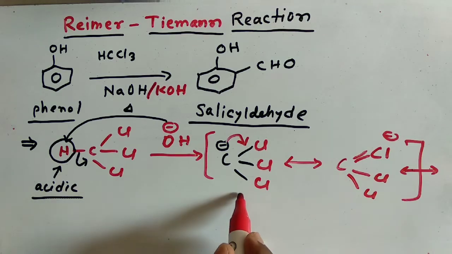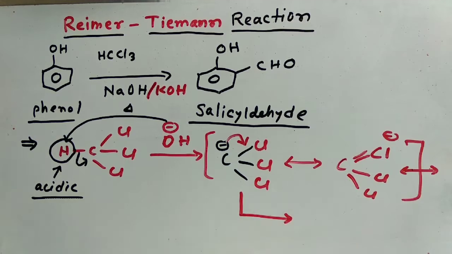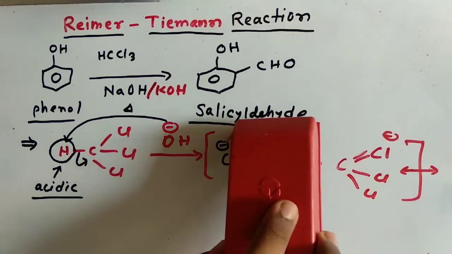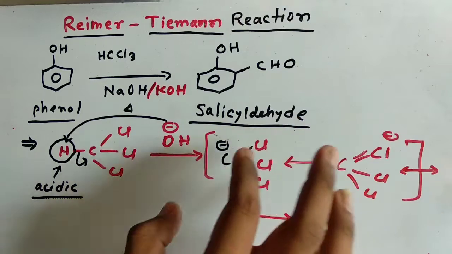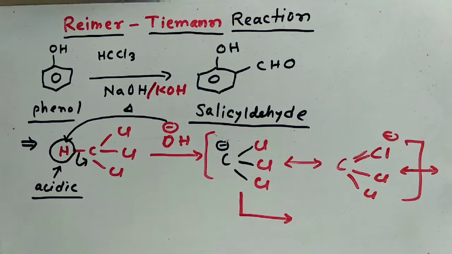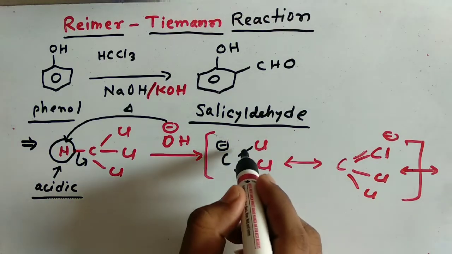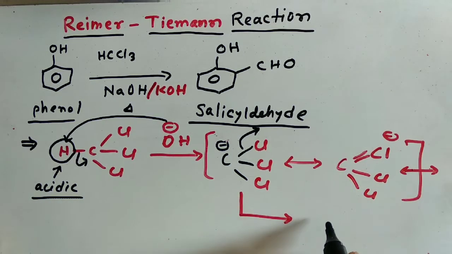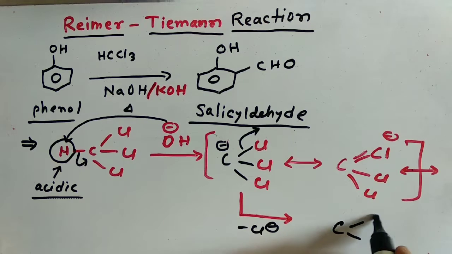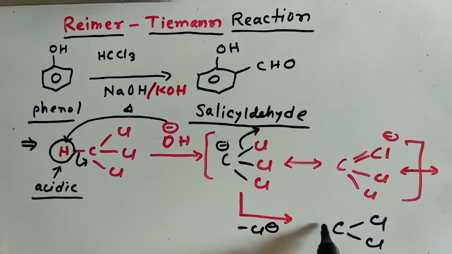So what will happen in the next step? One of the chlorine groups will be abstracted to make this negative charge neutral. So minus Cl minus, and the product obtained is CCl2, with no negative charge.